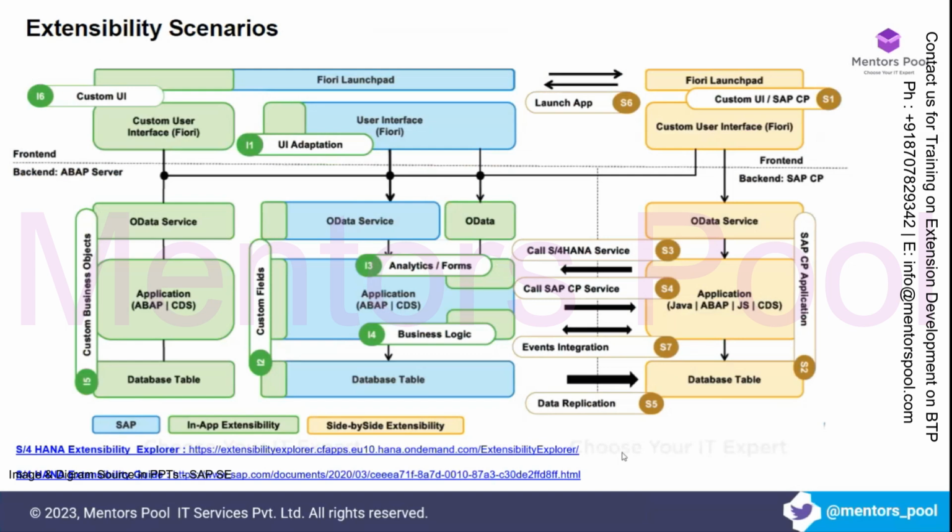It would essentially create an OData service on top of it. On top of the OData service, we would have a user interface, which would mostly be in Fiori, and which would be exposed to Fiori Launchpad for the users to access. And that's basically the life of a custom application.